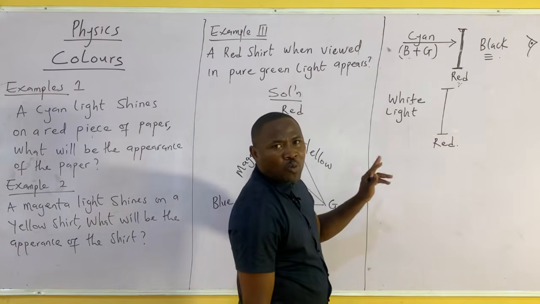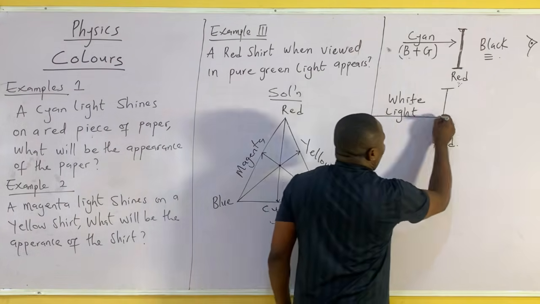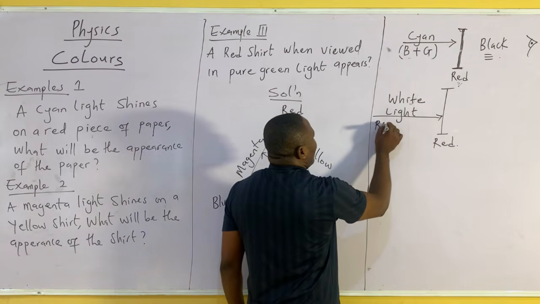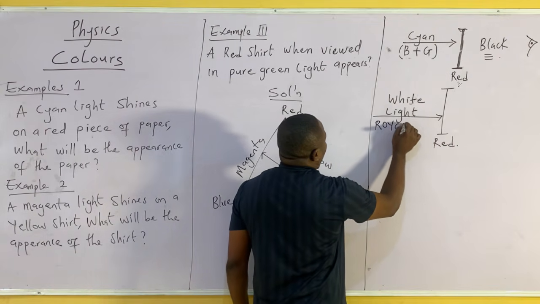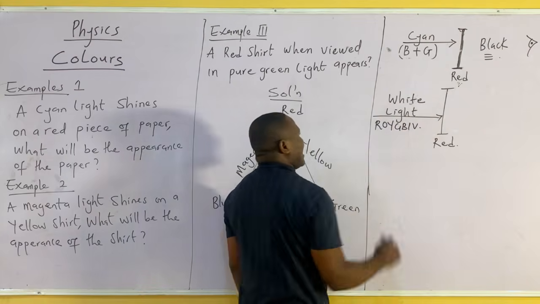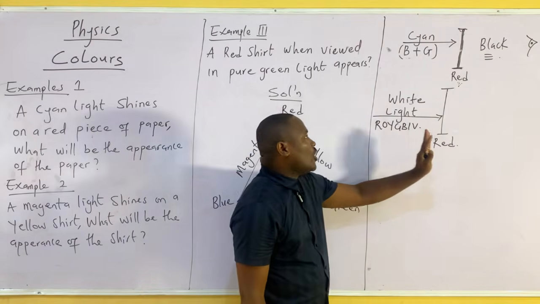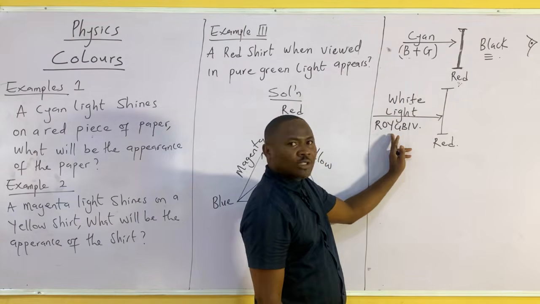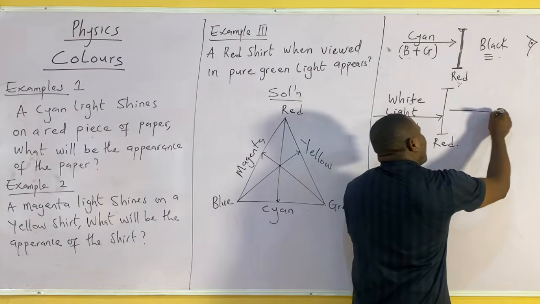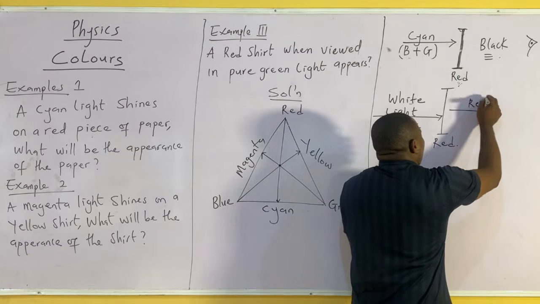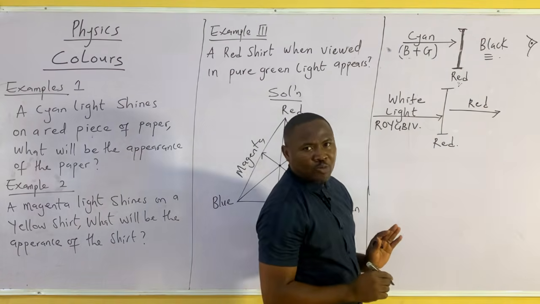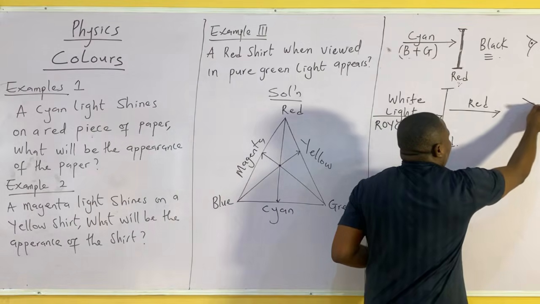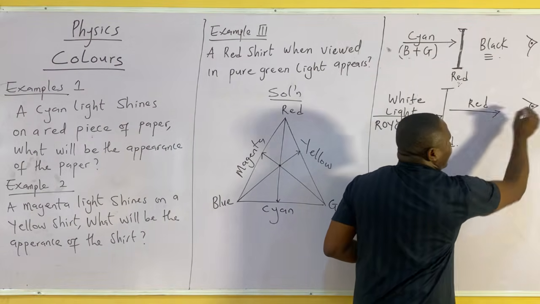Now, you remember, white light has all of these colors, so red will stop all of the colors and only allow red to pass through. So the observer will see red.